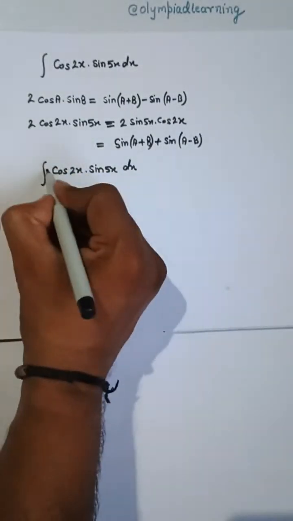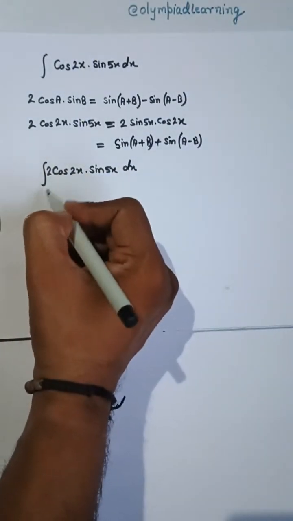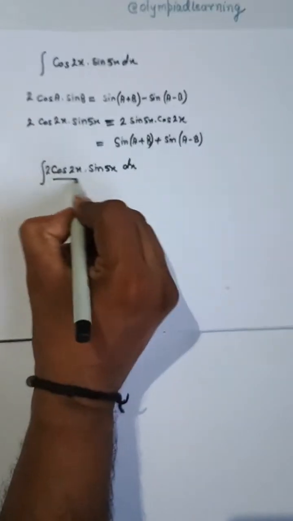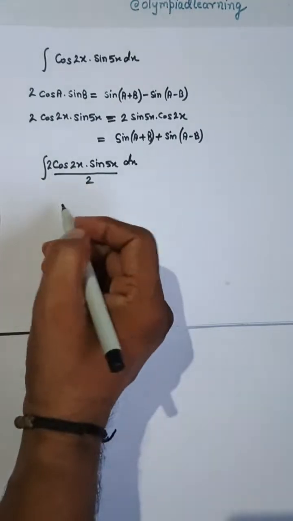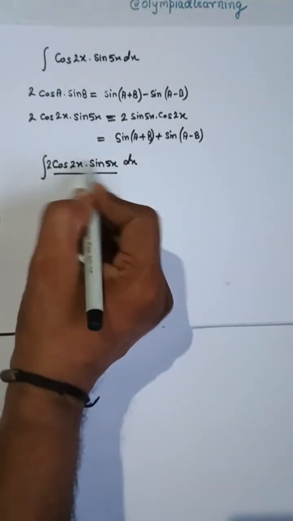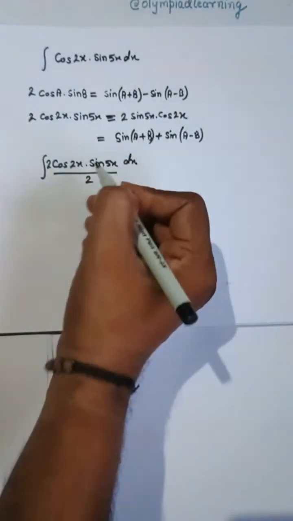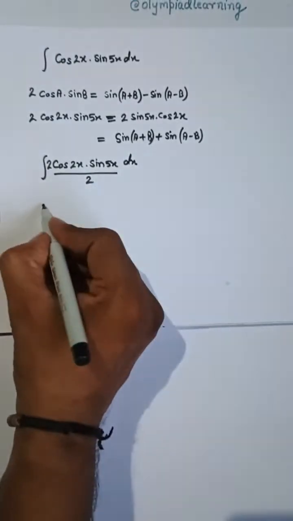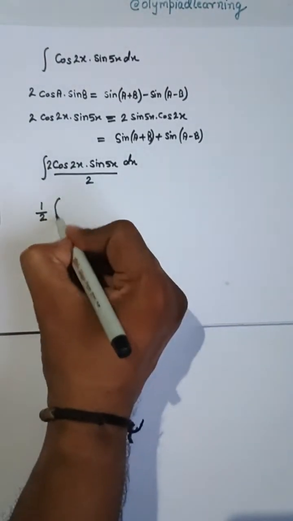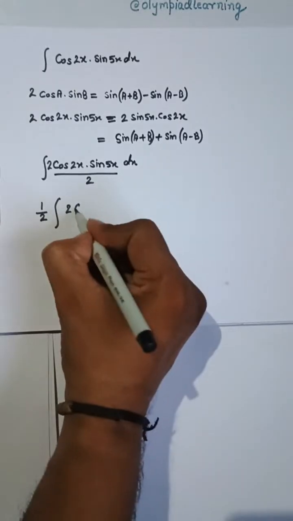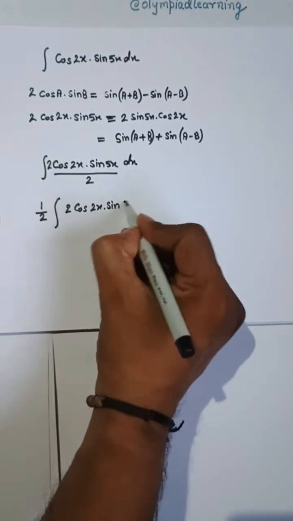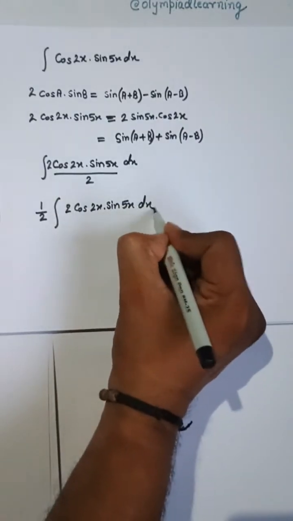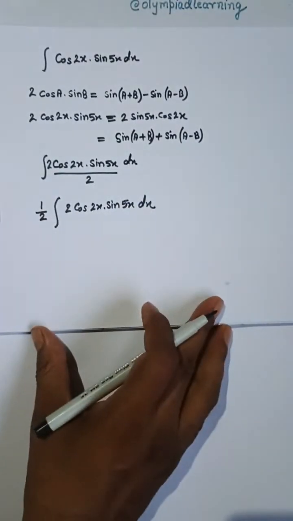I can use 2 here, and if I multiply by 2, I need to divide by 2 as well. So I'm putting this 1 by 2 outside, then 2 cos 2x sine 5x dx, right?